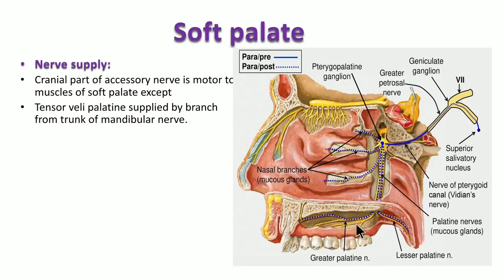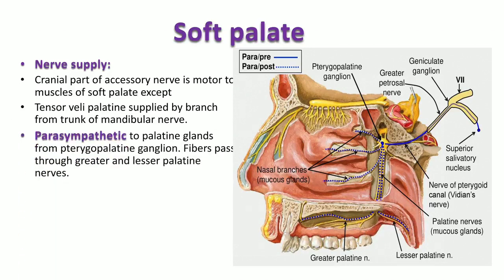Coming to the glands, I have already told you the palate consists of a lot of palatine glands, so it should have a secretomotor or parasympathetic supply. It is mainly from the pterygopalatine ganglion, and the postganglionic fibers pass through the greater and lesser palatine nerves and supply the glands of the hard and the soft palate.